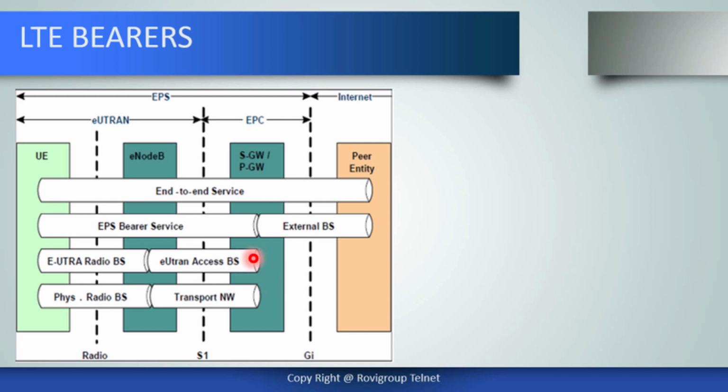Between the serving gateway and PGW, an S5/S8 bearer is used to carry the transport between the nodes.